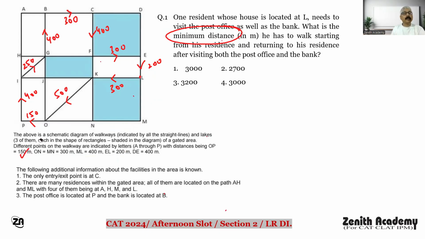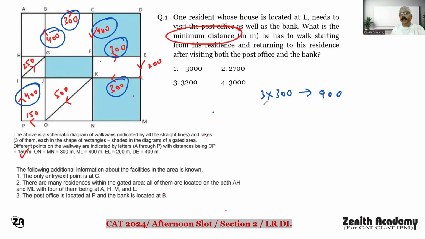So let's see this. 300, 300, 300: 1, 2, 3. So 3 into 300 is going to be 900. Then 400: 1, 2, 3. 3 into 400 is 1200.